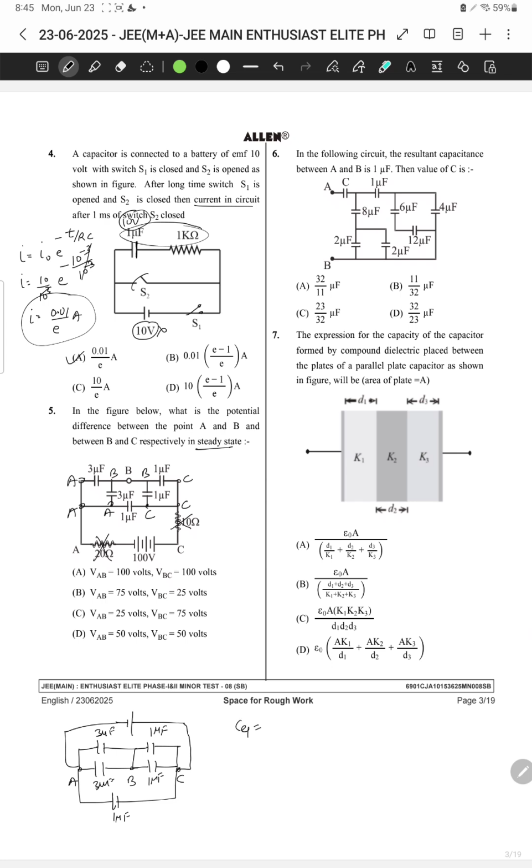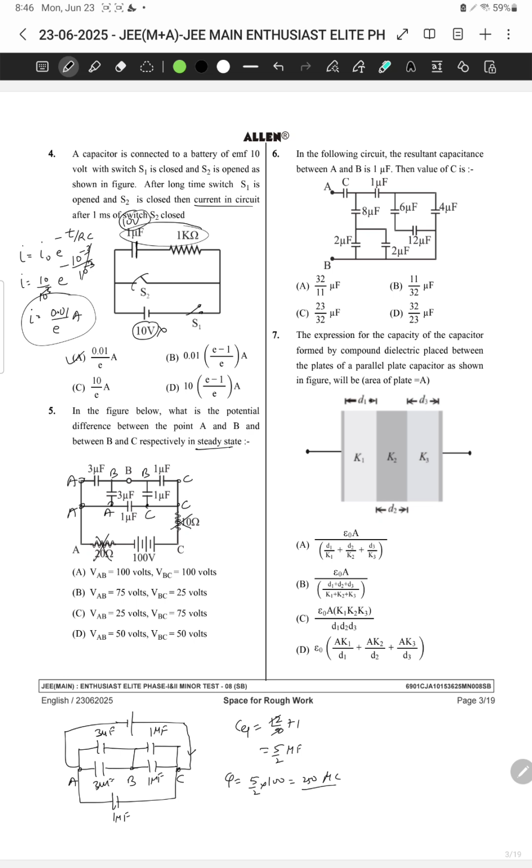So what is C equivalent here? 3 plus 3 is 6, 6 into 2, 12 by 8, 12 by 8 plus 1, so it is 5 by 2. So the charge from the battery is 5 by 2 into V, 100, so it is 250 microcoulomb.